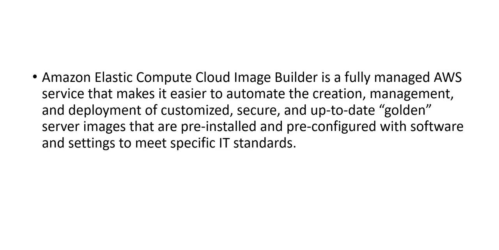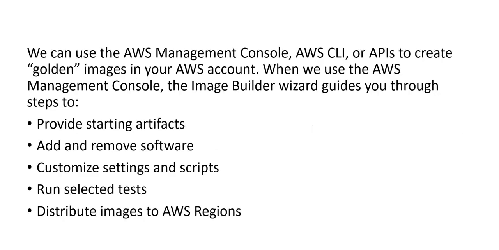We all create a golden image, and that is the foundation of all the images that will be deployed in our organization. Now you can do all the tasks associated with the creation of golden server images with an Amazon managed service.